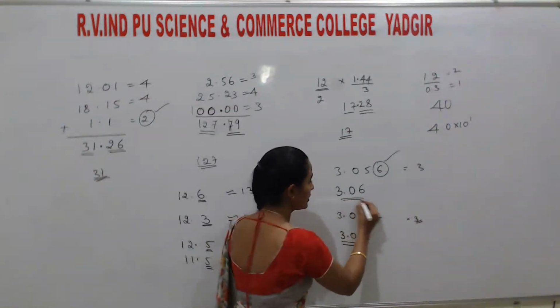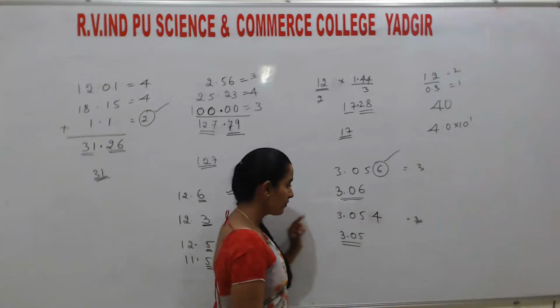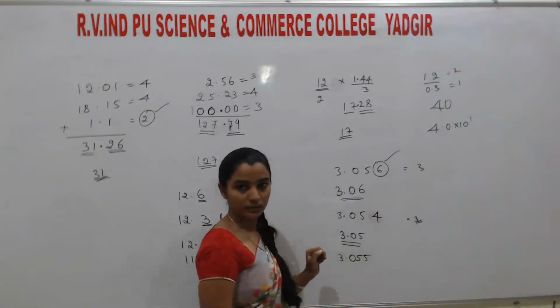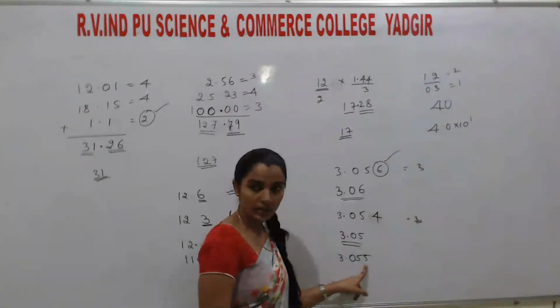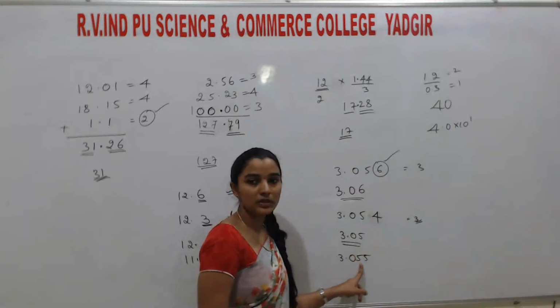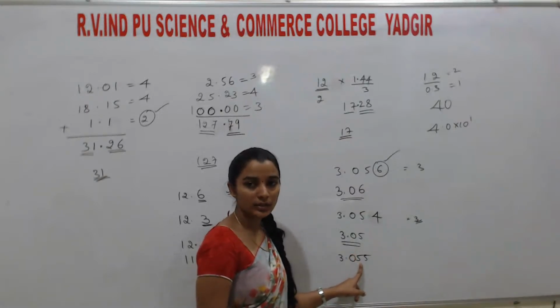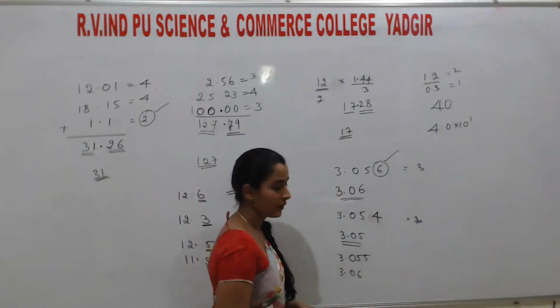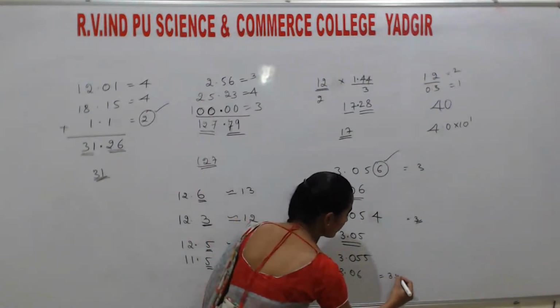This is in 3 significant figures. Now listen, students, if it is 3.055, the last term is equal to 5, but the preceding term is an odd number, then it is 3.06, which has 3 significant figures.